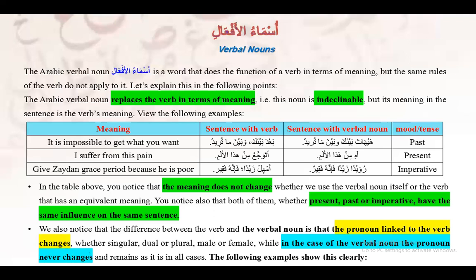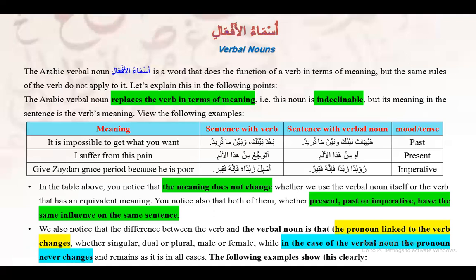Here we will also feel the difference between the verb and the verbal noun: the pronoun is always linked to the verb. In بعد بينك, the pronoun linked to the verb changes whether singular, dual, plural, male or female.